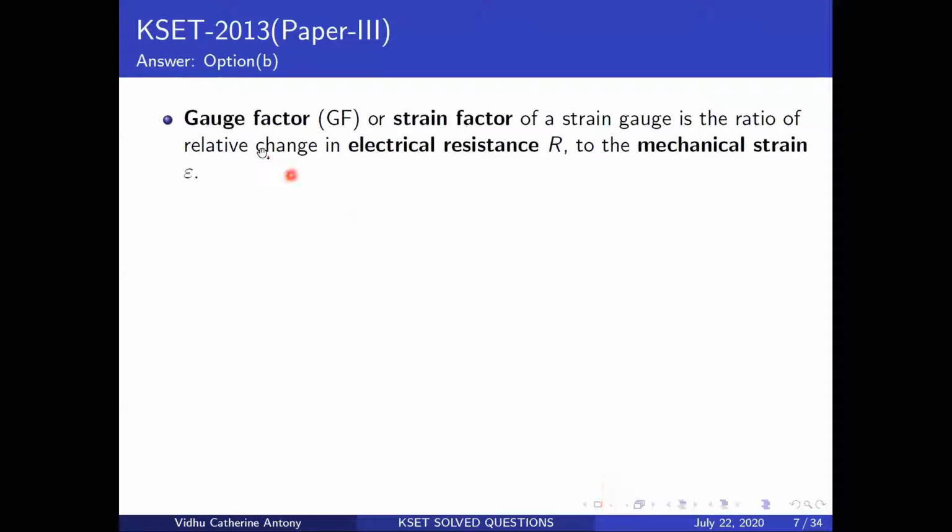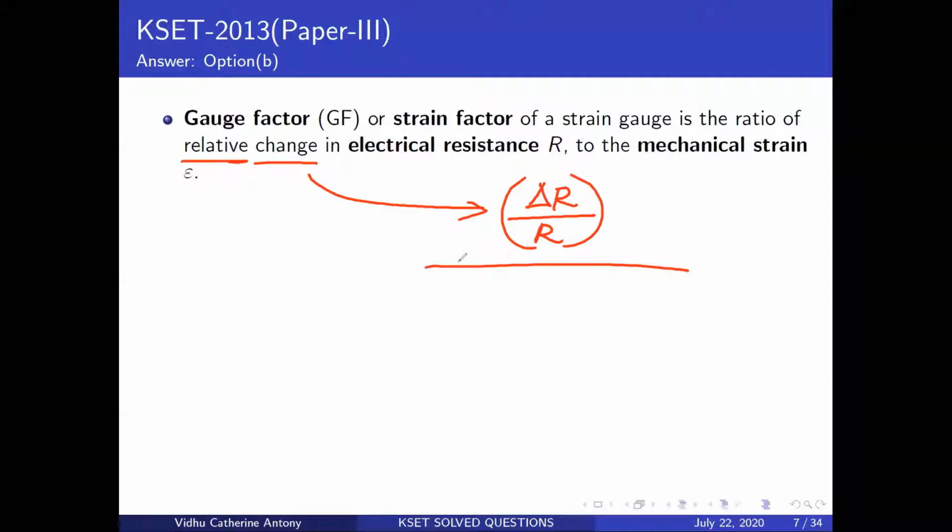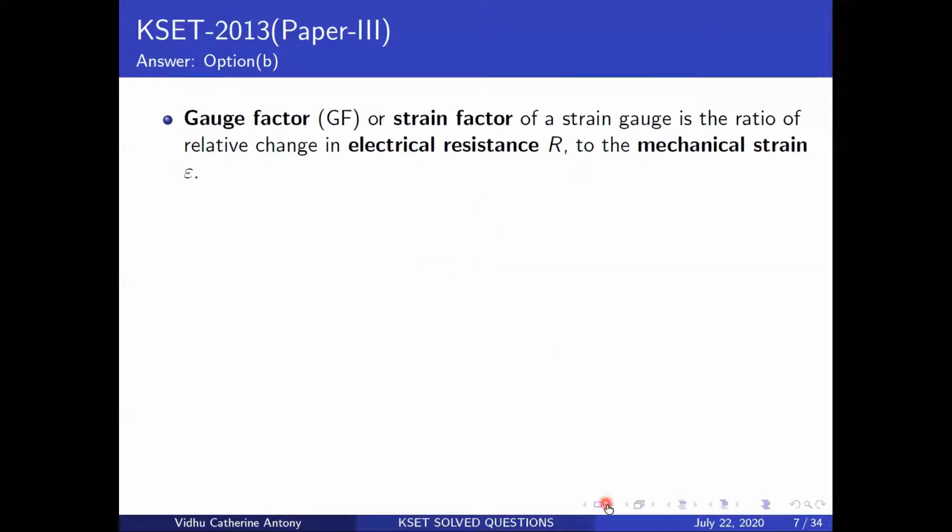Okay, so your strain factor, or your gauge factor here, is basically the ratio of the relative change in your electrical resistance, so that's delta R divided by R, relative change. Okay, not just taking delta R, not just taking the change in your electric resistance, but relative change, because this is how it is defined, to the mechanical strain, which is written as delta L divided by L. Okay, so now let's go to this.